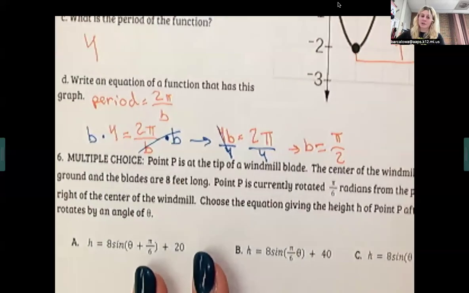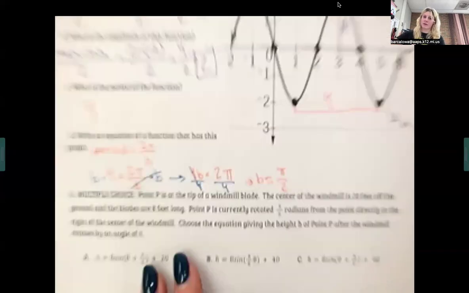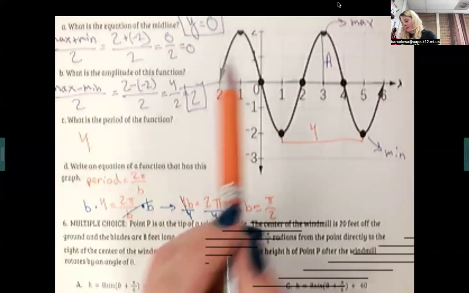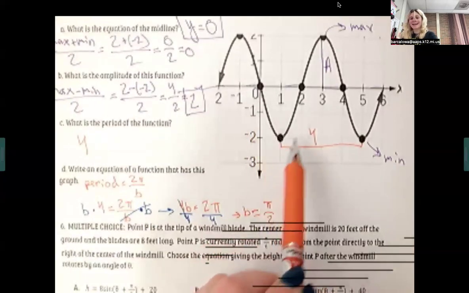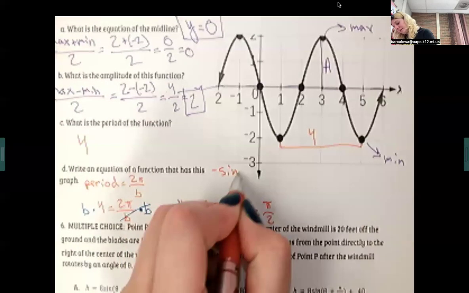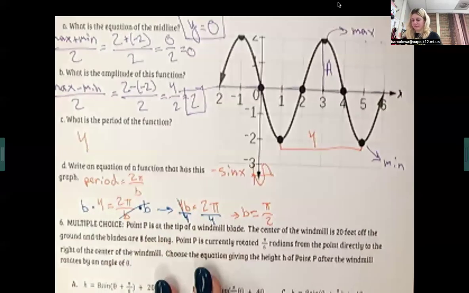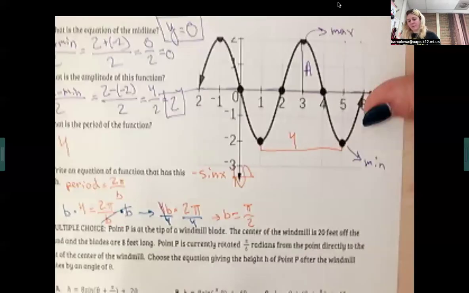Okay, so let's actually put our equation together. Oh, we got to see what shape this is. At 0, where do I start? Starting on the midline, but I'm going down. That is our negative sine shape. This is a negative sine function. It's shaped like this, starting at the midline, going down, up.